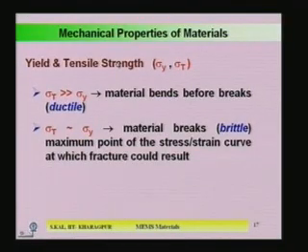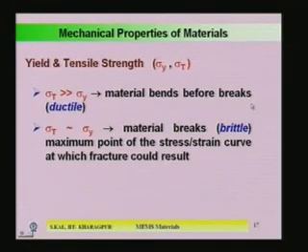Now, for the yield and tensile strength sigma y and sigma t, when sigma t is greater than sigma y, the material bends before it breaks, and is known as ductile. So, ductile or brittle, these two words are also used. What do you mean by ductile? Ductile means sigma t is large compared to sigma y, so the material bends before it breaks.